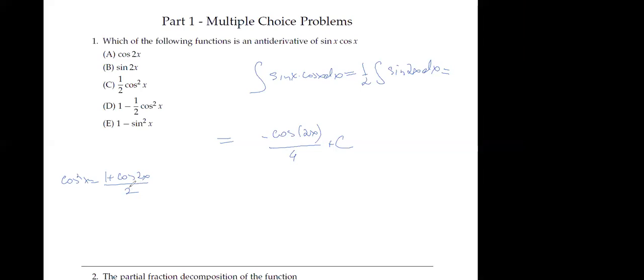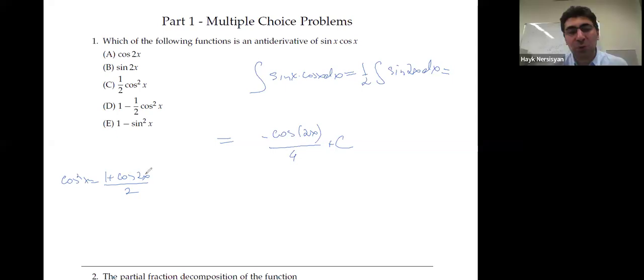Yes. So can we write cosine 2x as 2 times cosine squared x minus 1? So here we'll get (1 minus cosine squared x) divided by 4 plus constant C.